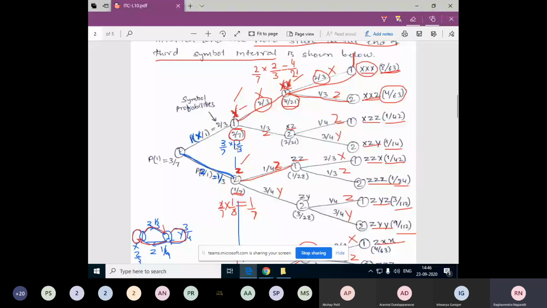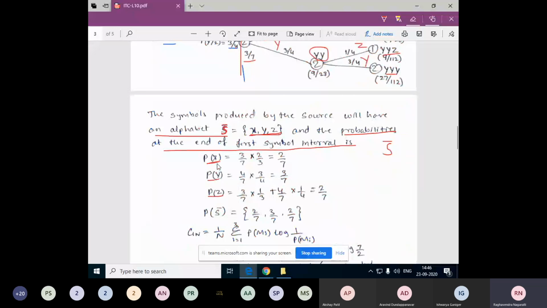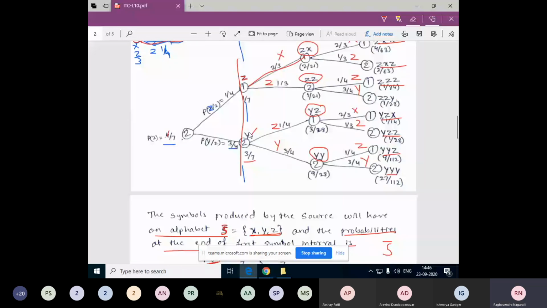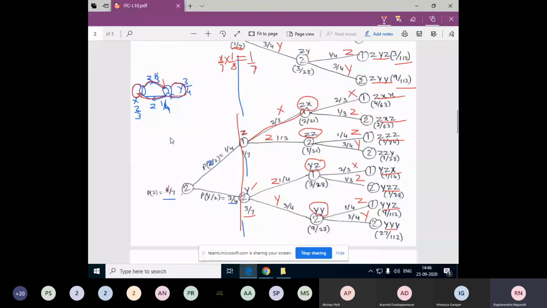P of Y, where is P of Y? Here the Y symbol is emitted. What is the probability at this stage? It is 4 by 7 into 3 by 4. What is the initial state probability?